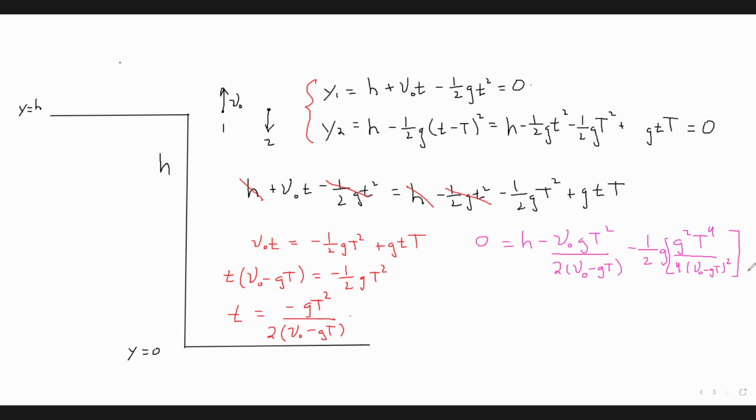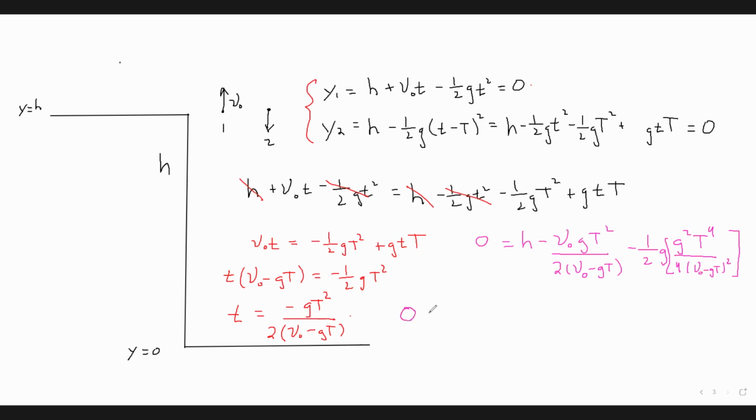Okay, now what can you do with this? Well, if you multiply through by (v0 minus gT) squared, it cancels out in this term. It partially cancels this term, and it multiplies into this term. So let's write that out.